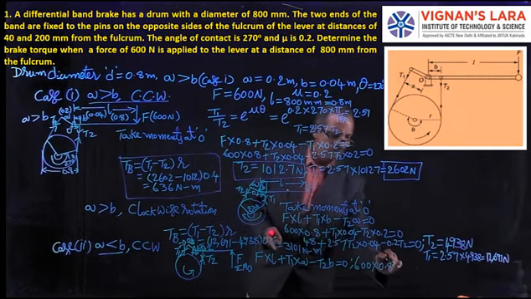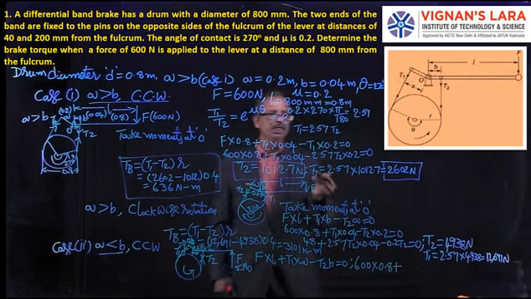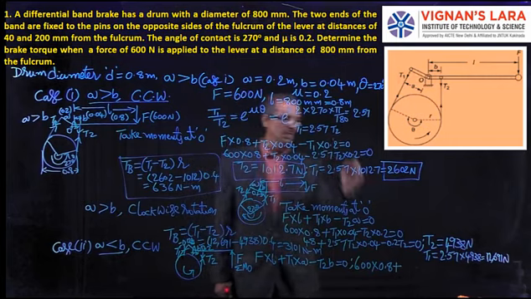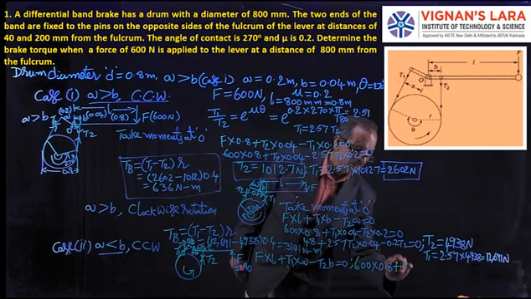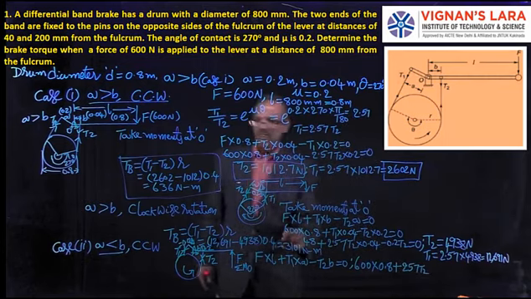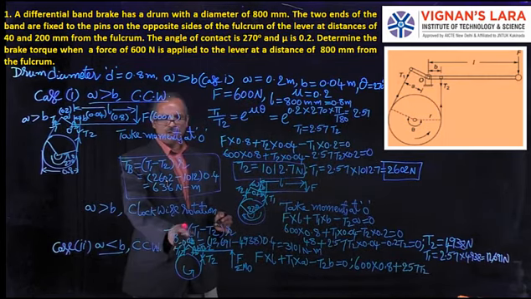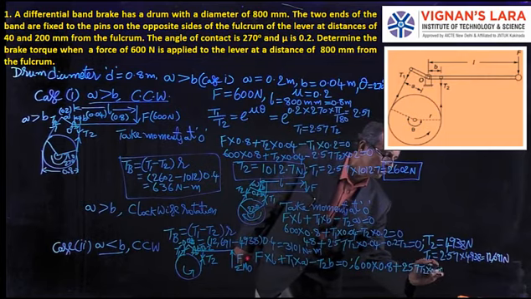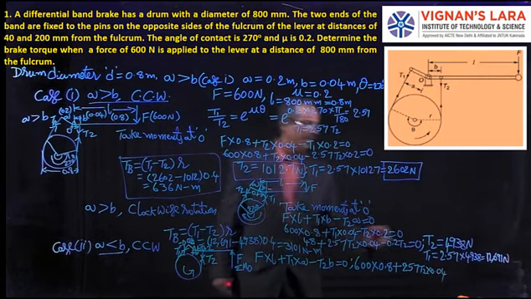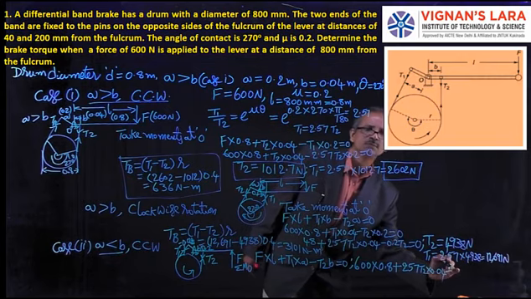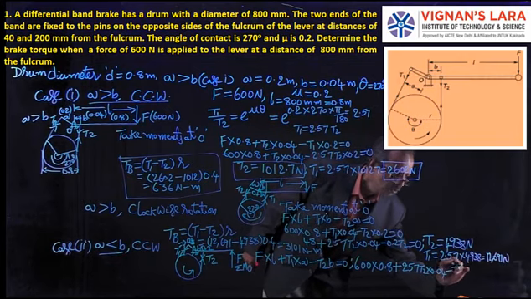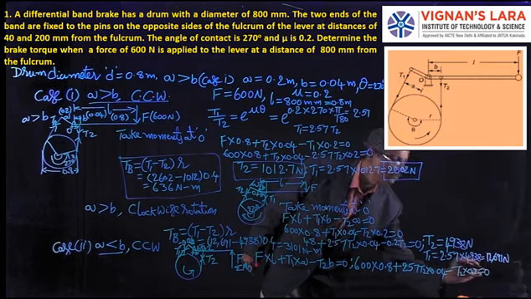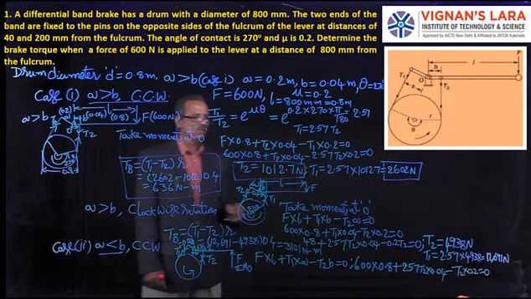Then T1 by T2 is 2.57, so I will replace T1 with 2.57 T2 into A, and A value is 0.04, then minus T2 into 0.2 is 0.